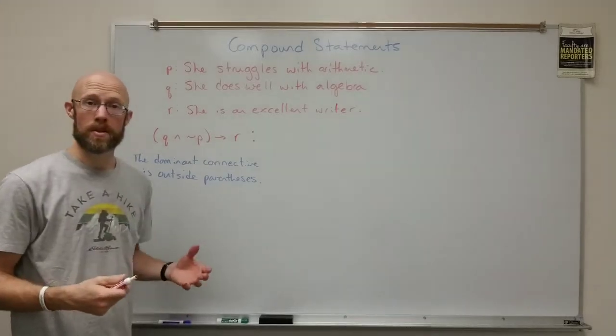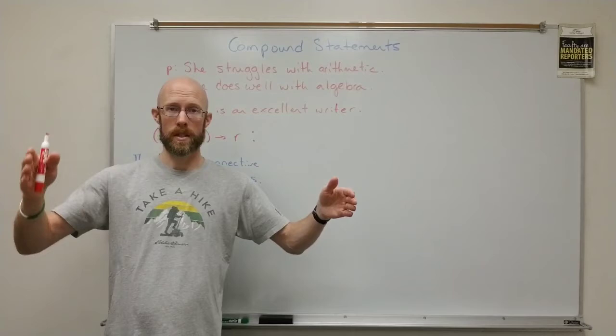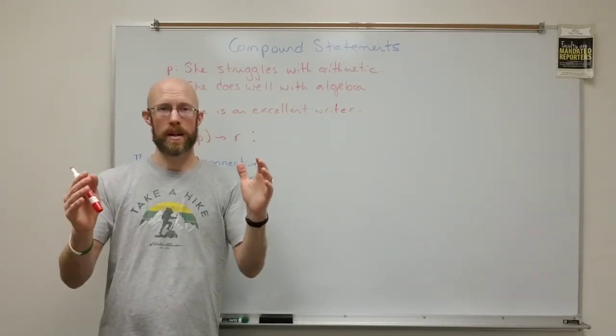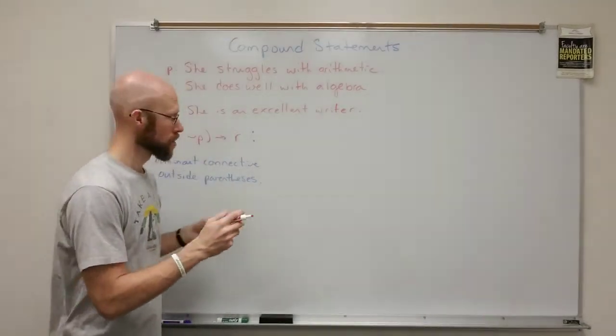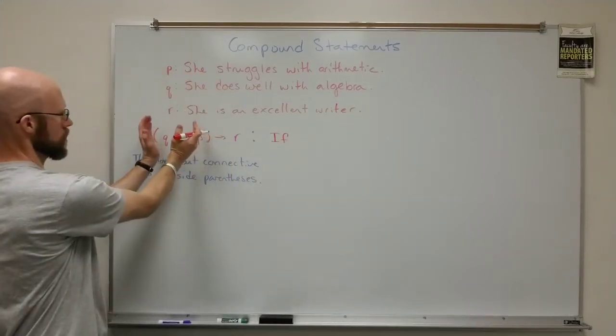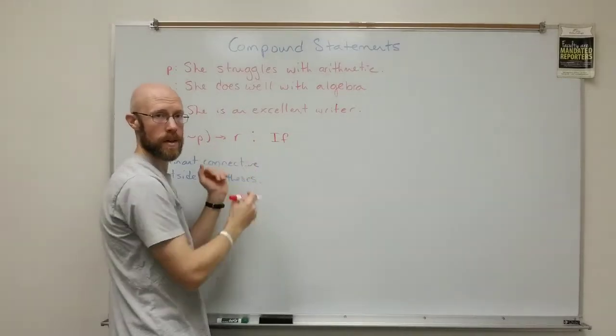Okay. So, that being said, I need to start this off with a conditional, right? It's an if-then statement, and then within the first part of the if-then, you have a conjunction, okay? So we're going to have if this thing, then this last thing, okay?